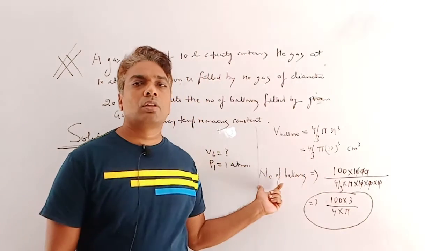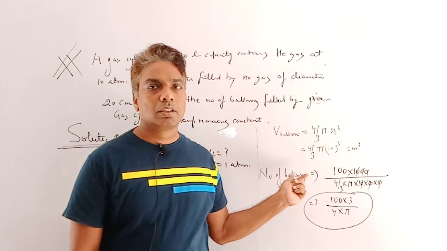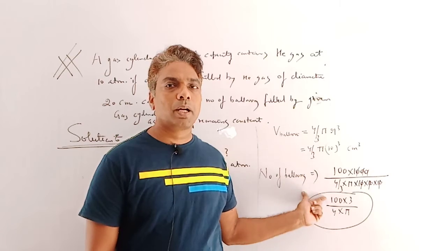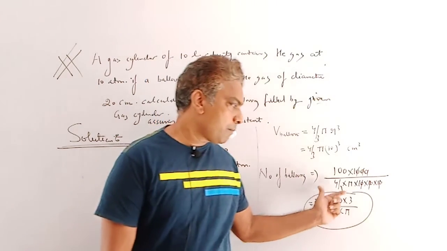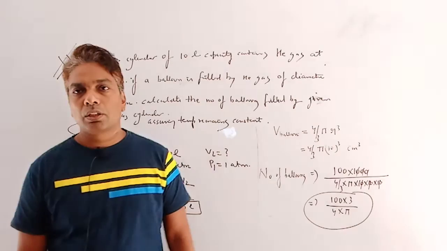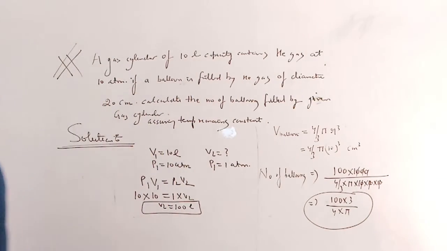So the number of balloons filled by the given cylinder is the total volume at 1 atmosphere divided by the volume of one balloon. So it is the total number of balloons filled by the given gas. Clear? So here is the way to solve this question.